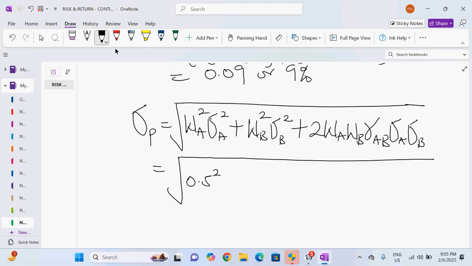And then standard deviation is how much? 0.143. That one is squared. Plus weight of B, that's 0.5. And then standard deviation is how much? 0.082.